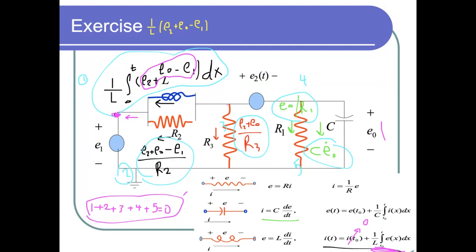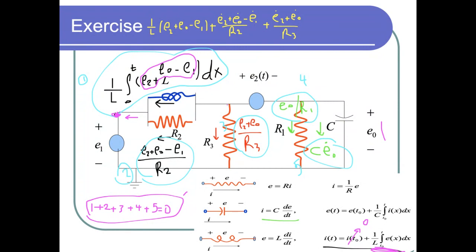The derivative of 2 is simply E2 dot plus E naught dot minus E1 dot, over R2. The derivative of 3 is E2 dot plus E naught dot over R3.